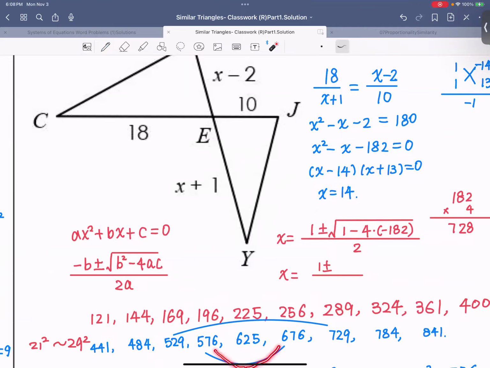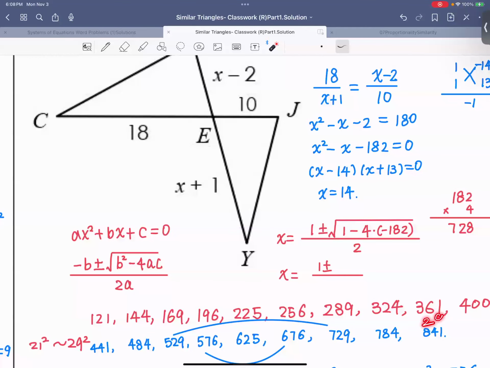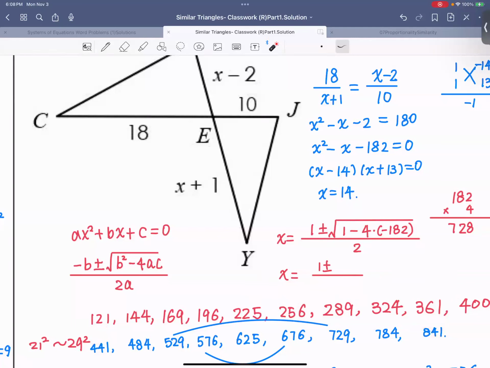These have differences of 100, 200, 300, 400. Why? That is 29, that is 21. 29 squared minus 21 squared: this plus this is 50, this times this is 8, so this is 400. Got it? It's all because of the formula you have learned.